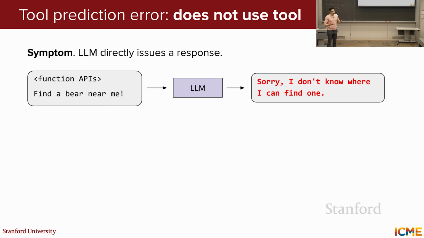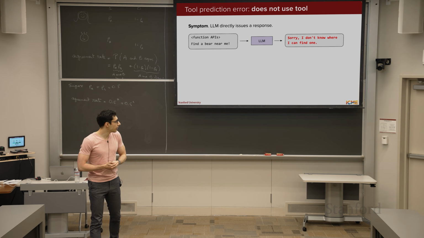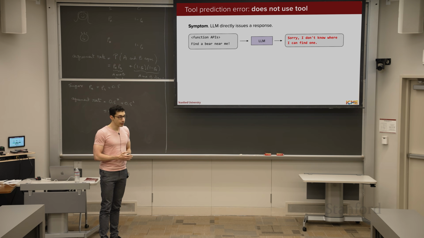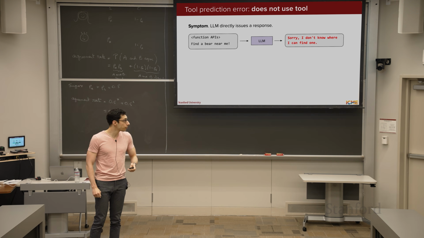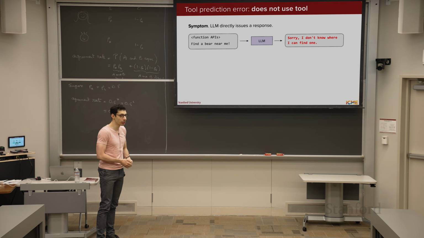You have the tool to find bears at hand, but you don't use it. So typically, if you don't use it, a possible behavior from the model can be to say an error. By an error, I mean, sorry, I cannot do that. And in assistant terms, you can call this a punt. So when you don't answer the question, you just fail. It's called a punt. So you might punt here, sorry, I don't know where I can find one.